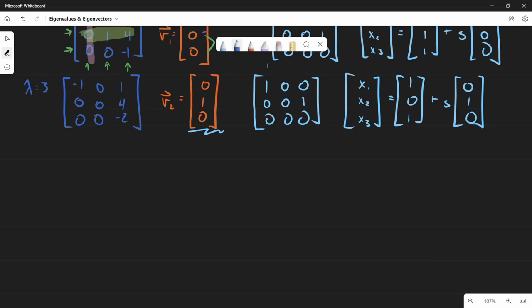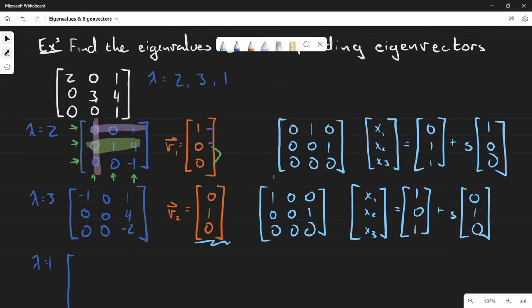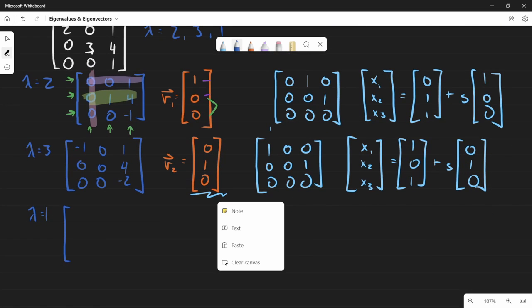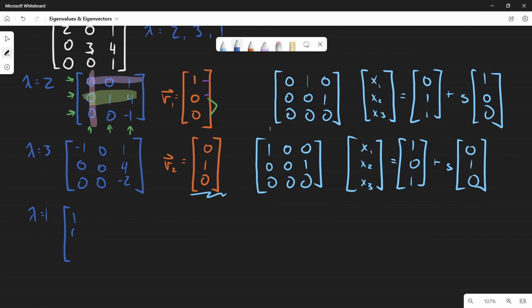And so our last one is going to be when lambda is equal to 1. And so that will give us 1 0 0, and then 0 2 0, and then 1 4 0.